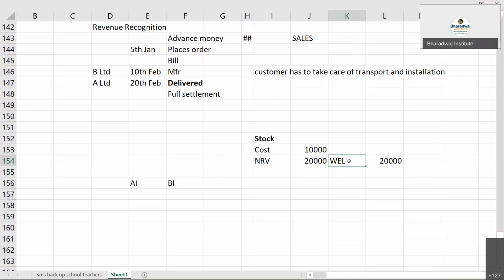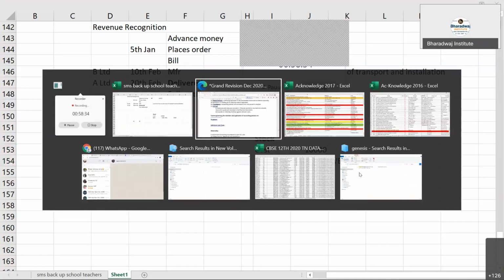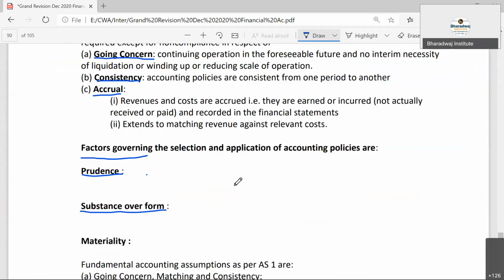So we'll take whichever is low only. That's why we will not record anticipated income. Suppose net realizable value is only 7,000, we'll record only 7,000. So indirectly, we are providing for a loss of 3,000. So accounting policy should aim at providing for all losses, but should not record anticipated income.